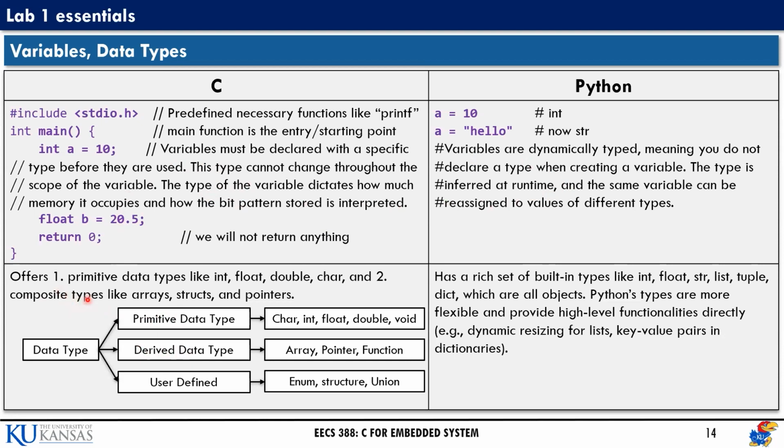So the C language provides the primitive data types, that is integer, float, double, character, etc. And the composite data types are basically array, structs, and pointers. The composite types we can create with the primitive data types.